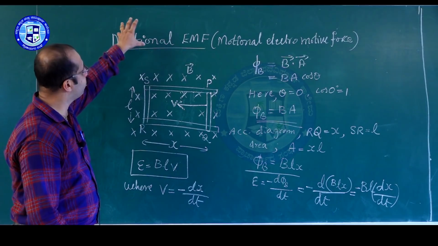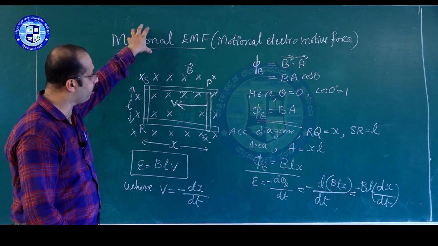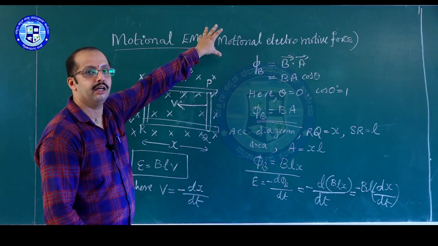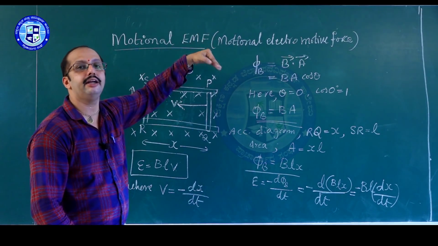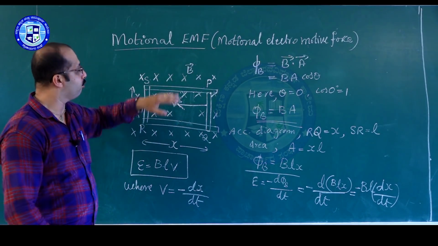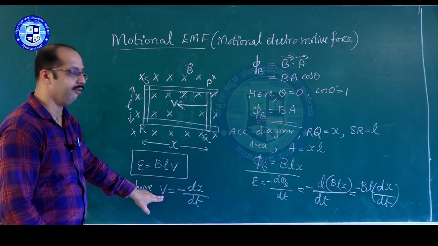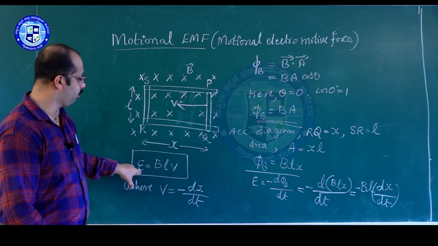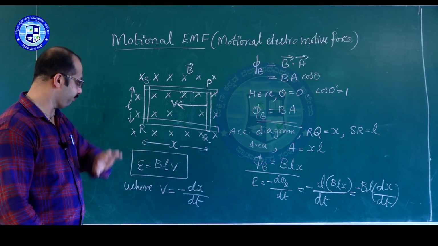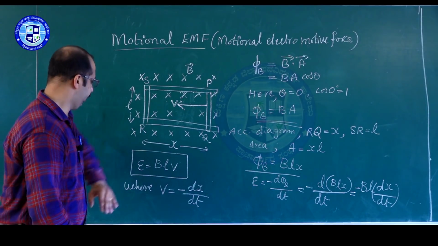It indicates that due to the motion of the conductor or rod, the current is induced in the coil. So we consider E is equal to BLV, right?